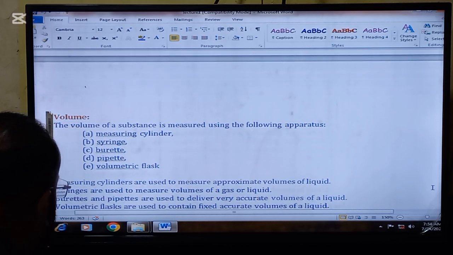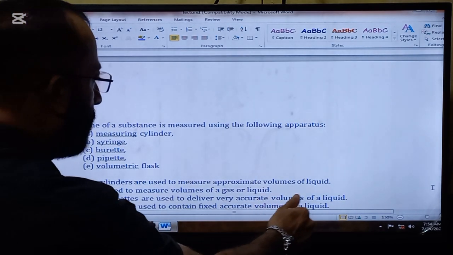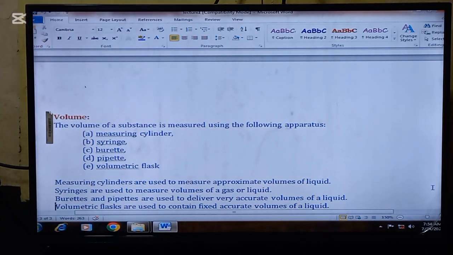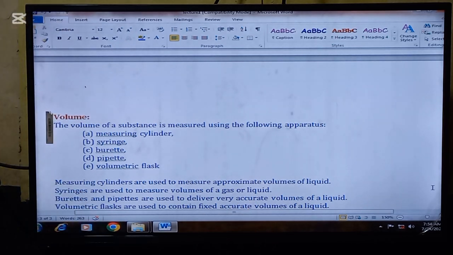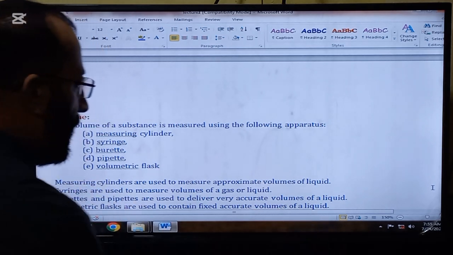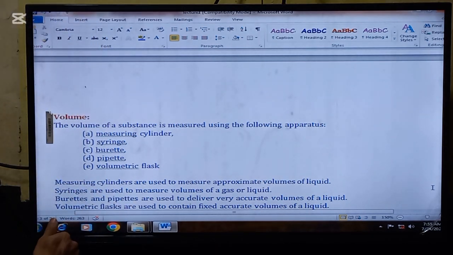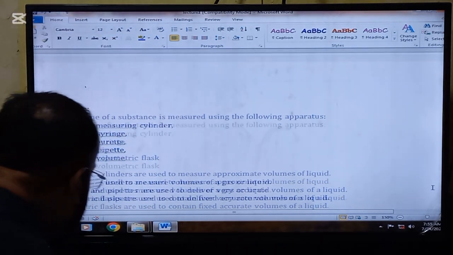Look further now. Measuring cylinders are used to measure the approximate volume of a liquid. Syringes are used to measure volumes of a gas or liquid. Burettes and pipettes are used to deliver very accurate volumes of liquid. And volumetric flasks are used to contain fixed accurate volumes of a liquid.